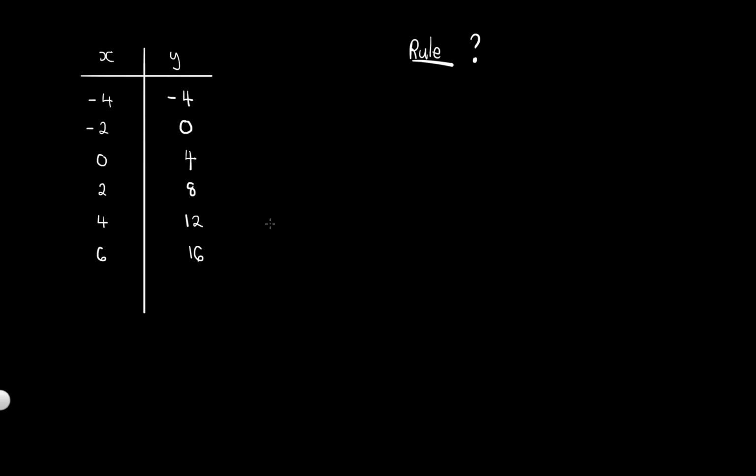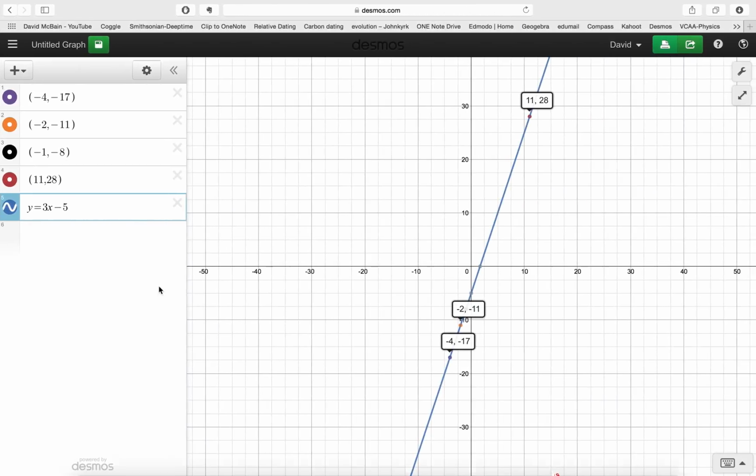But if we could plot it on a table of values, if we could plot it on a graph, the rule would look very, very obvious. So that's what I'm going to do. I'm going to plot them on a table of values on Desmos. Negative 4, negative 2, 0, 2, 4, 6. So we'll clear all this.